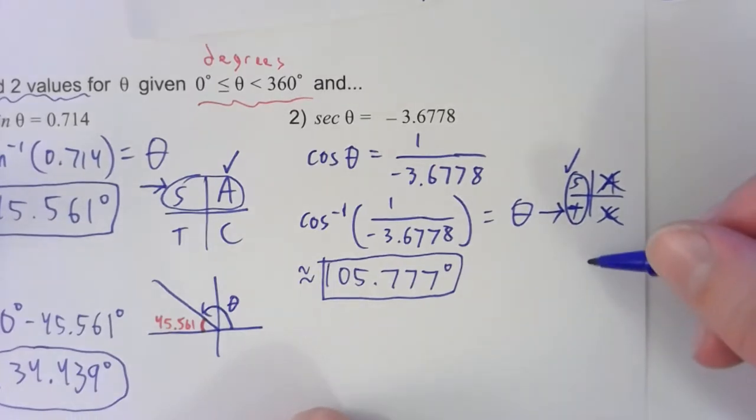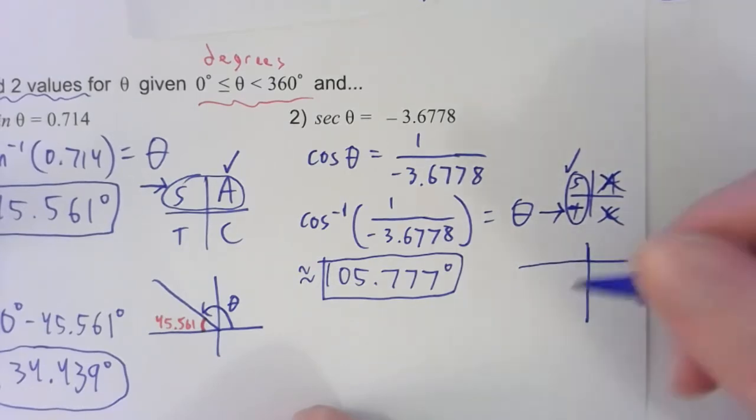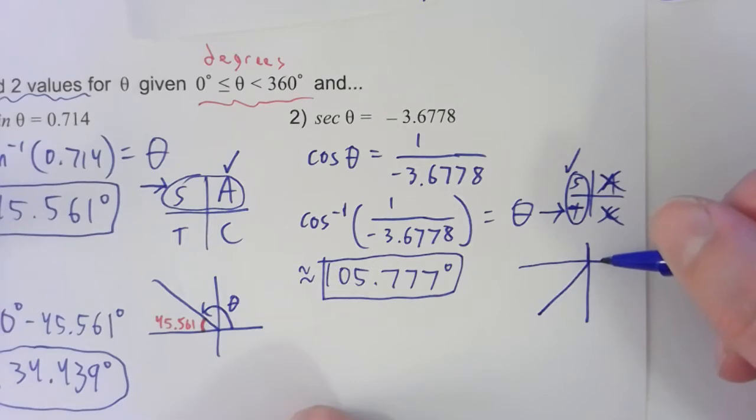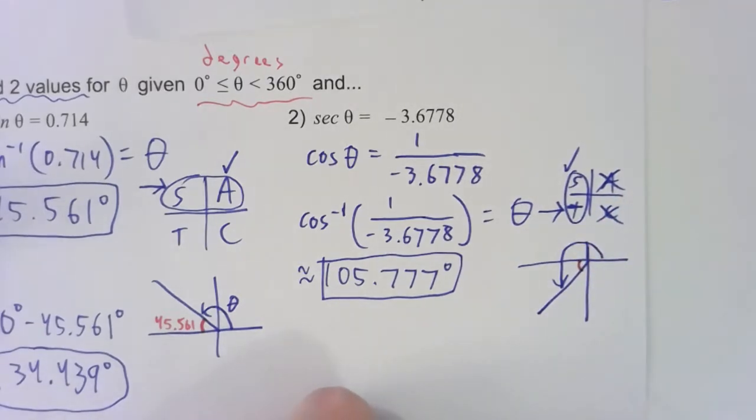Okay, let's go ahead and draw it. So we want this angle down here. We're looking for that angle. And so what we want to know is this reference angle. The question is, do we already know the reference angle? And unfortunately, not quite.